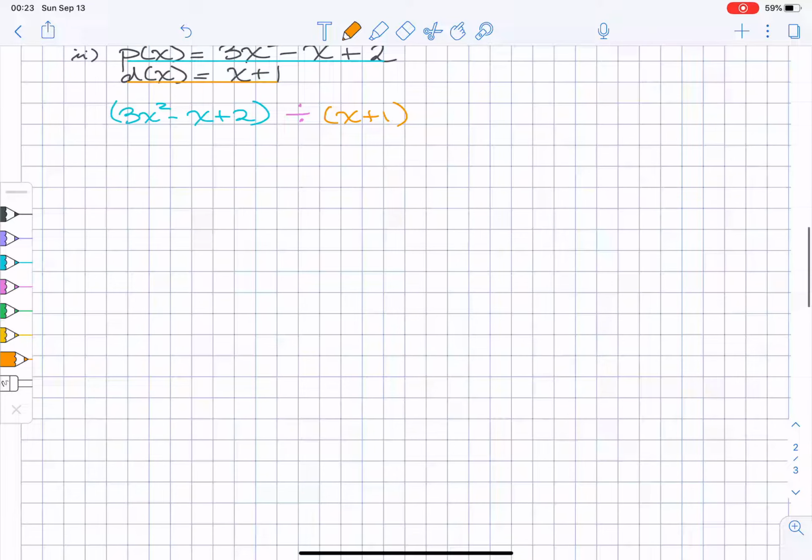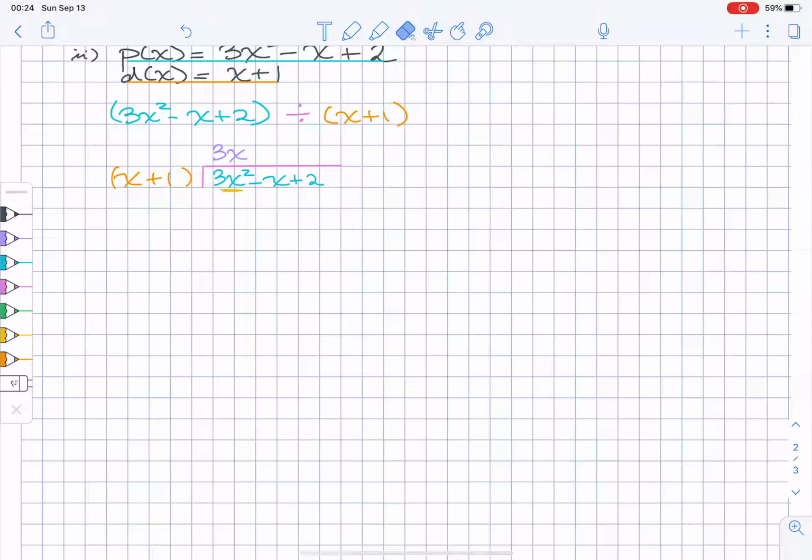So let's go ahead and set up a division problem. I have x plus 1 that I'm dividing into the polynomial 3x squared minus x plus 2. Okay, so let's start. I need to multiply x by something in order to get 3x squared, and I claim that that'll be 3x.